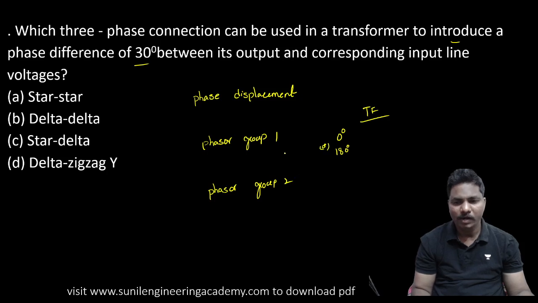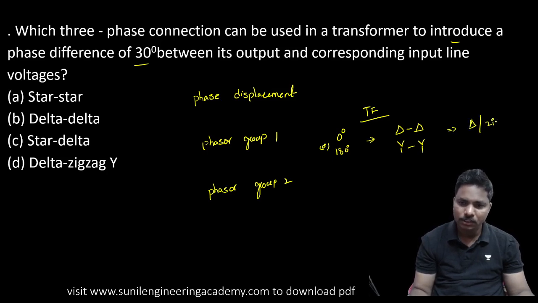For example, whenever both primary and secondary are the same, there is a chance of 0 or 180. Delta zigzag star is also in this group.